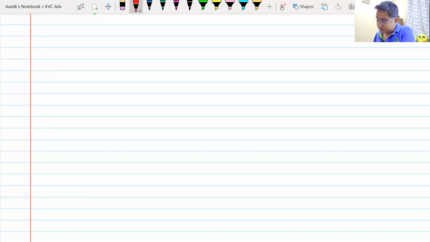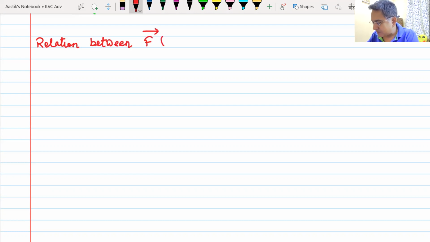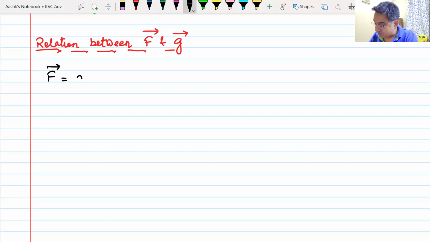Moving further, we can now get the relation between force experienced by a charge and the gravitational field, and it is very easy to understand that the force experienced by any mass, I'm always saying charge, it is mass, will be m multiplied by the gravitational field.